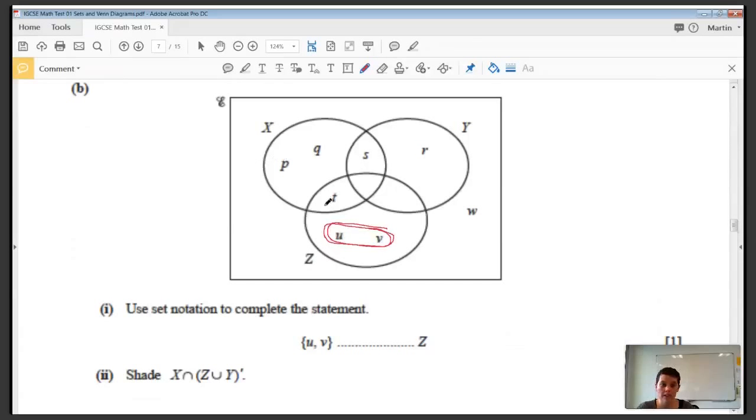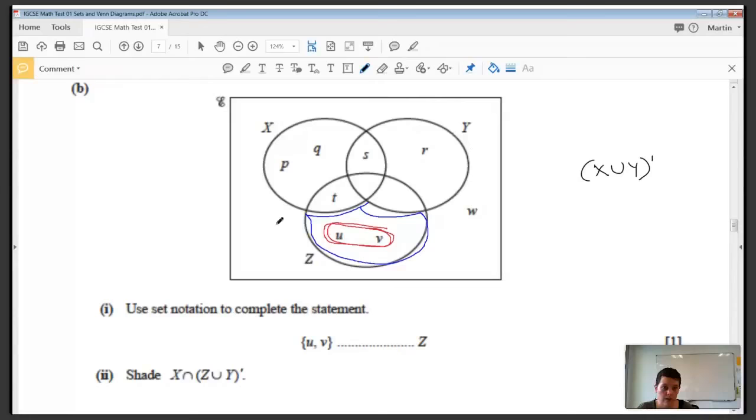Okay, so we have to get outside of X and outside of Y just to get this little piece of Z on its own. We just want this piece of Z. So if we say that we want to be outside X and Y, we want to be outside of that.